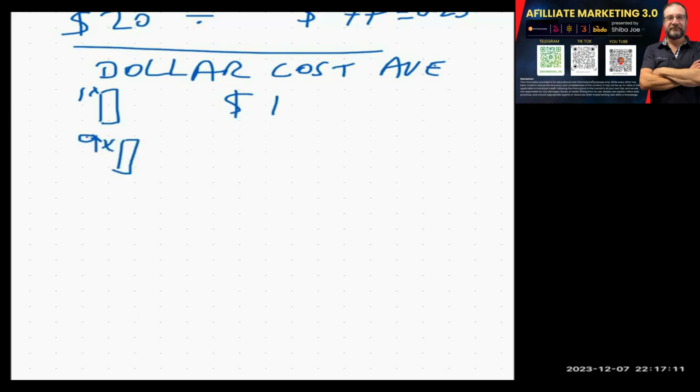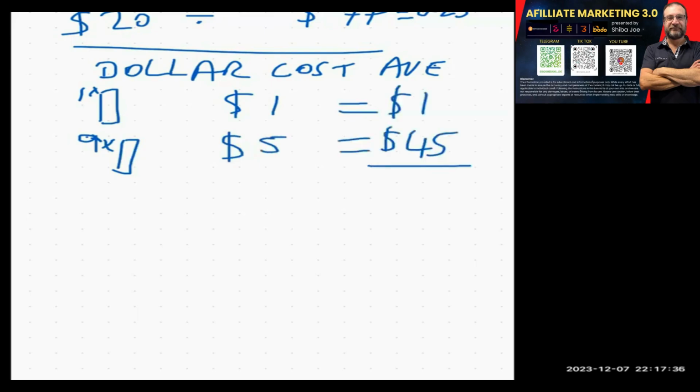So this iPhone costs me $1. These 9 iPhones cost me $45. So that means that now in total, I've spent $46. So now if I divide 46 by 10, that gives me a dollar cost average of $4.60.